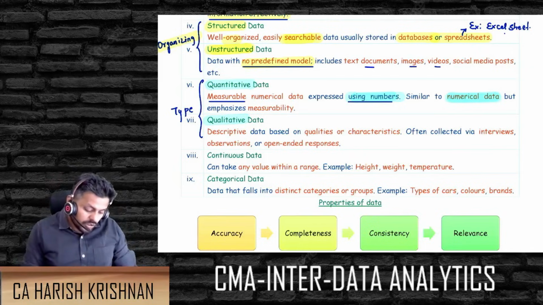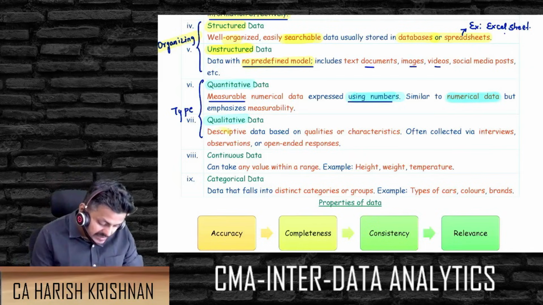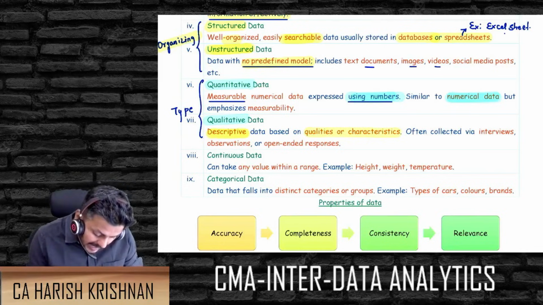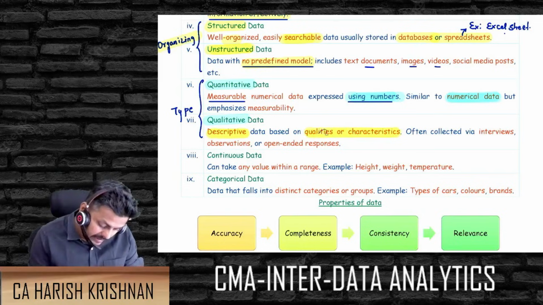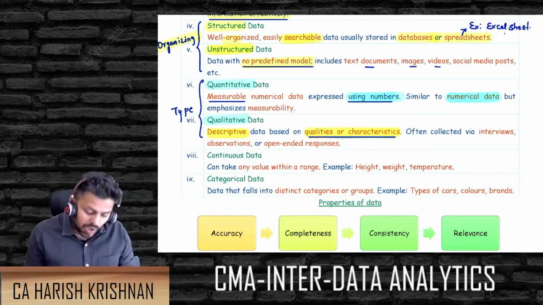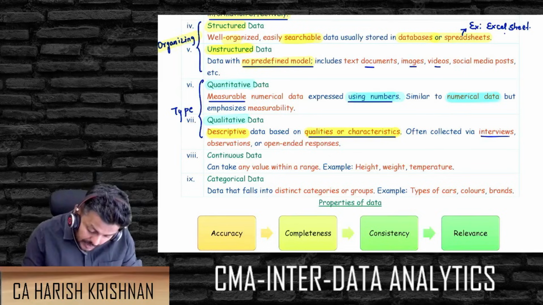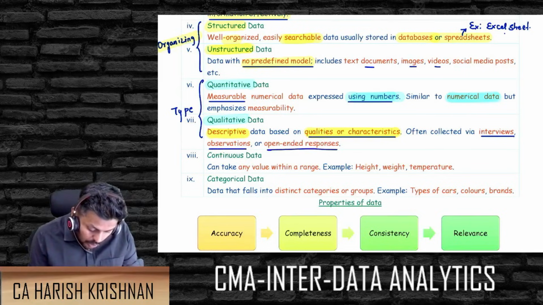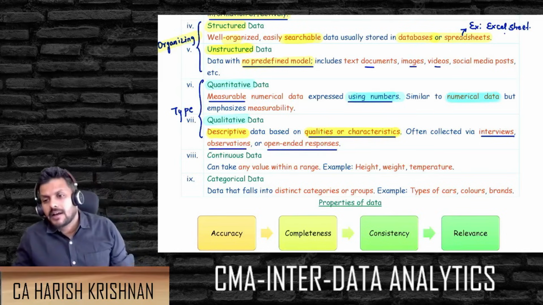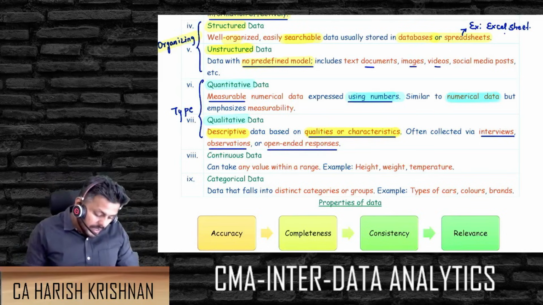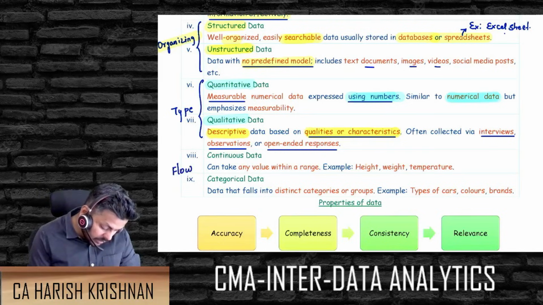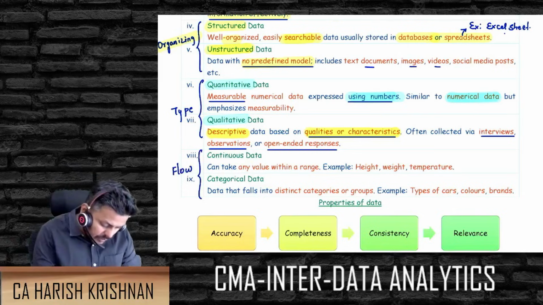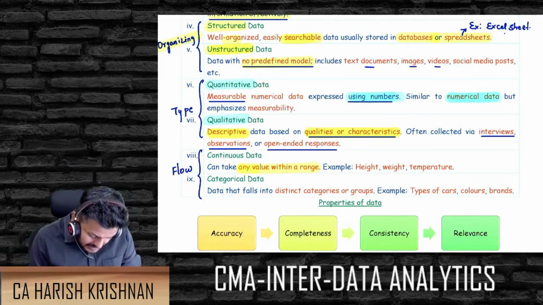And then we're also talking about qualitative data, which is descriptive, based on qualities or characteristics, often collected via interviews, observations, or even open-ended responses. All these are qualitative in nature. And based on flow, that is how the data is, right? If the data can flow and take any value within a range, it is called continuous data.